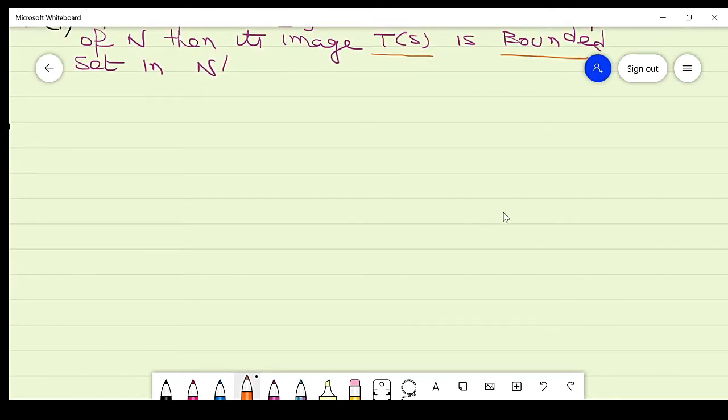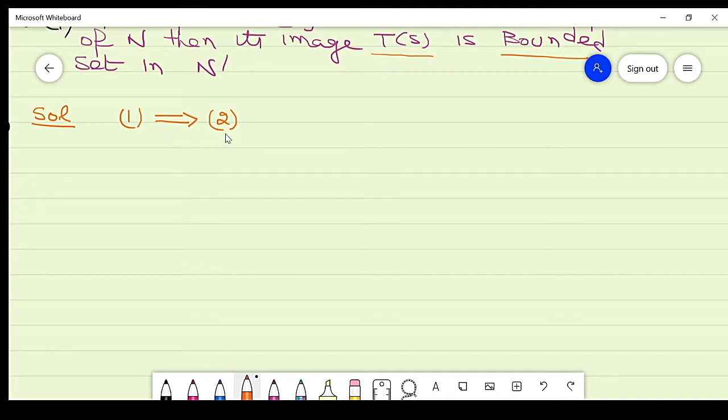Now we will start our result from the definition. So I will take first is given, first implies second, right? First means the operator T is a continuous operator, and second is continuous at origin.